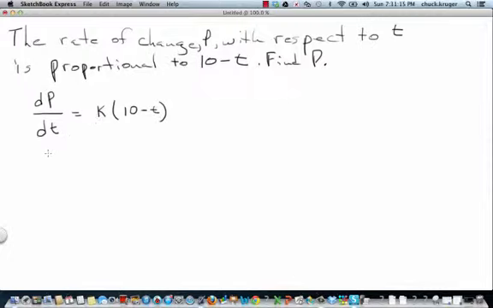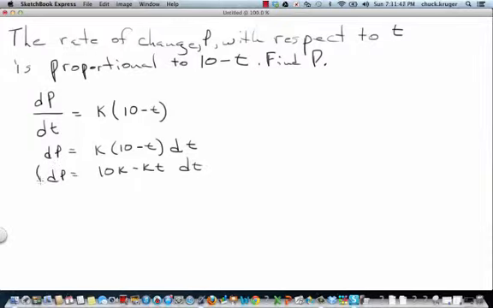Alright, the next thing I'm going to do is, since everything over here is in terms of t, I can go through and multiply both sides by dt. And there isn't anything I have to bring over to the dp side. And so that means dp is equal to 10k minus kt dt.